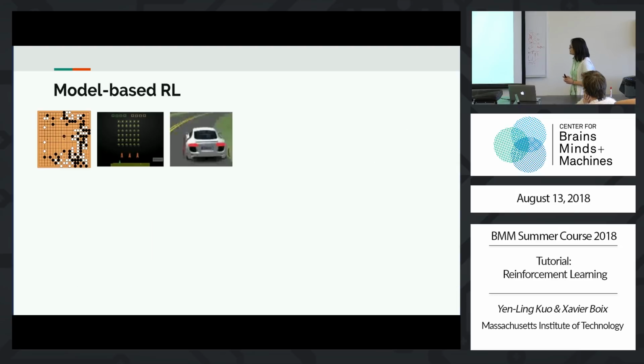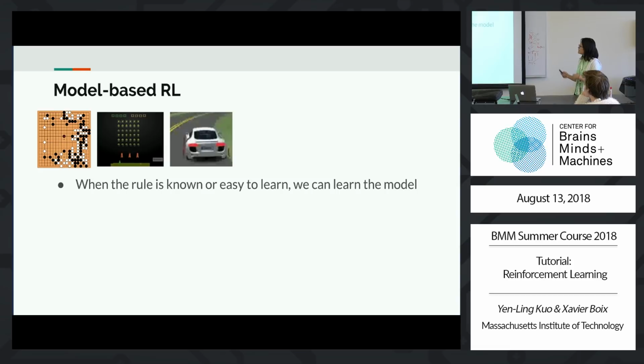And finally, when we're talking about model-based RL, there are many situations, like when you play Go or video games, or some simple navigation task, where you know what the rules are. When these rules are known or easy to learn, we can actually learn the model of how the world performs.